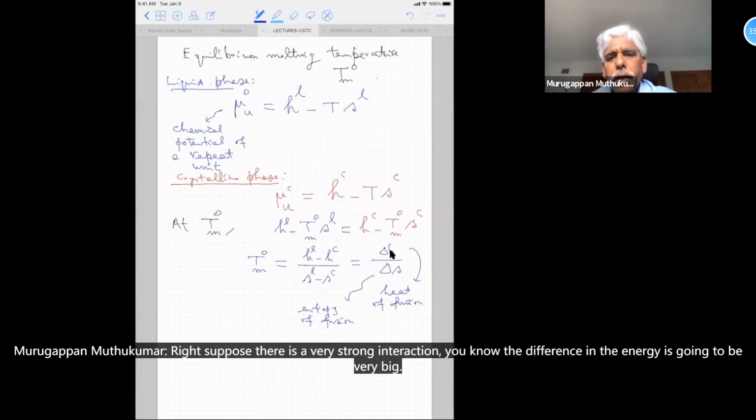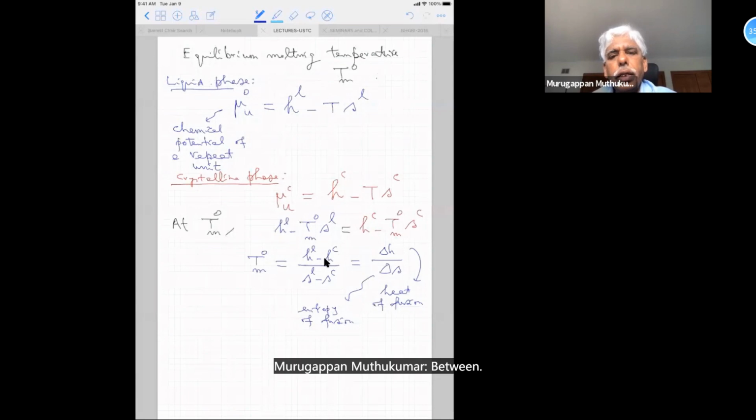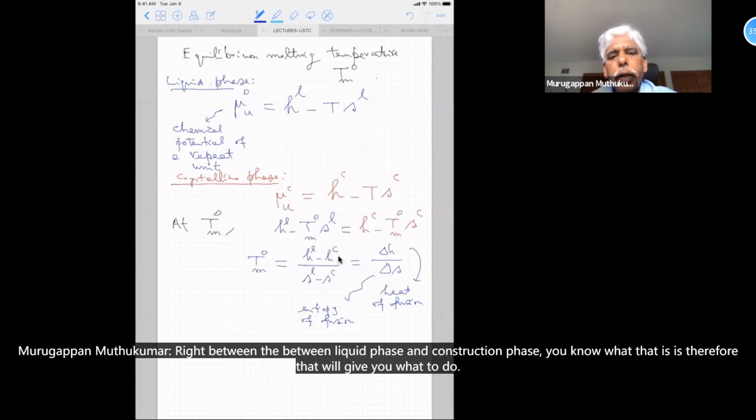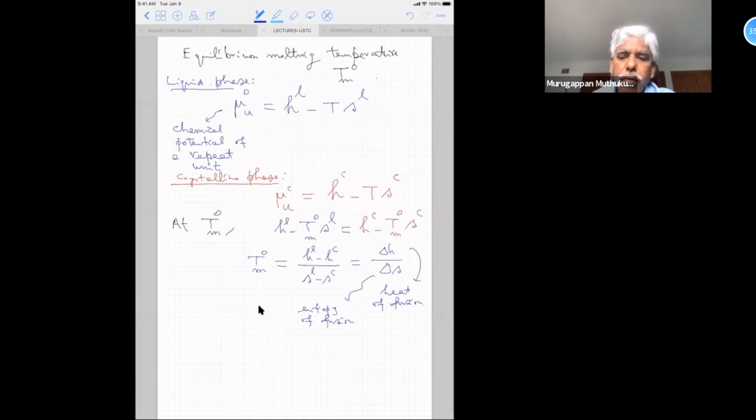Suppose there is a very strong interaction, the difference in energy is going to be very big between the liquid phase and the crystalline phase. You know what delta H is, therefore that will give you what Tm0 is.